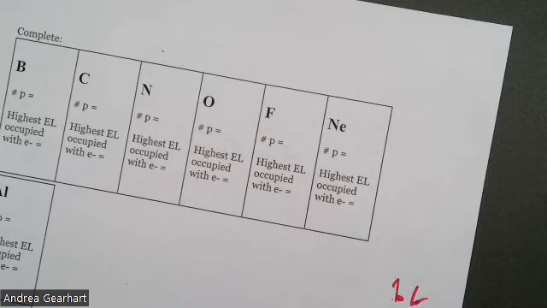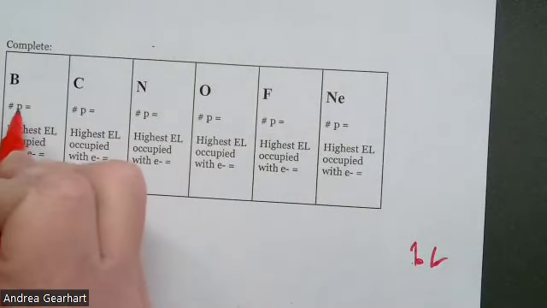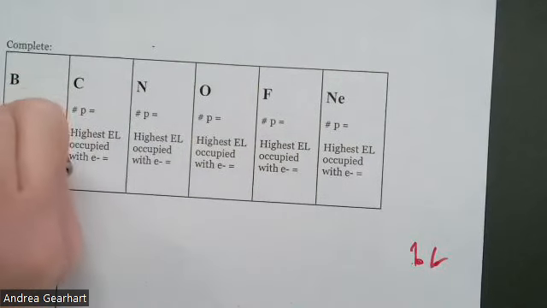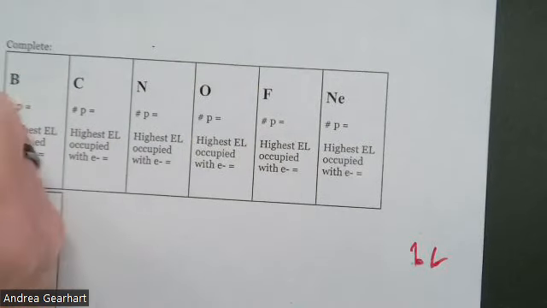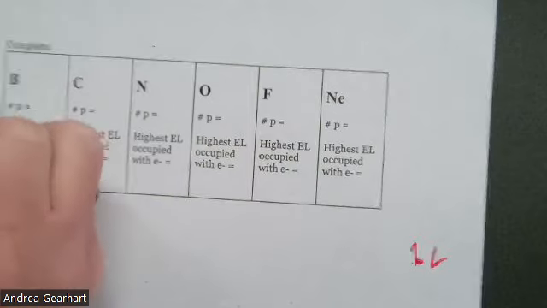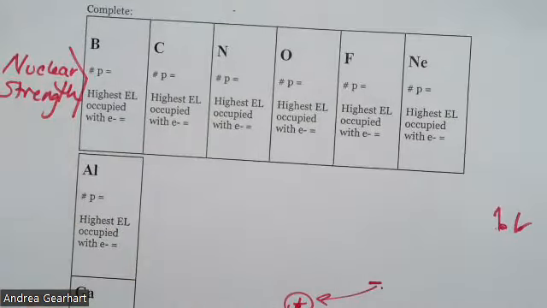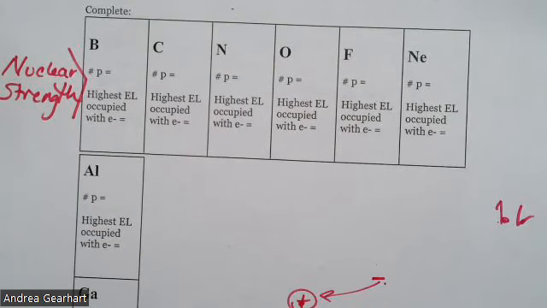We, as chemists, give the number of protons in the nucleus a special name. We call that the nuclear strength, the strength of the nucleus. The more protons, the more positive, the stronger the nucleus.